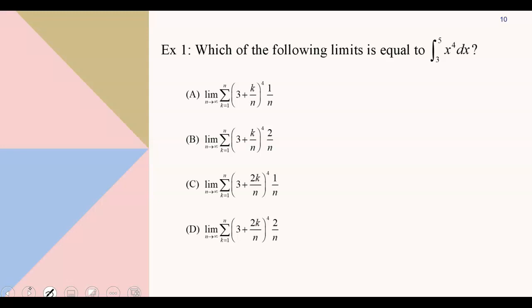Which of the following limits is equal? So I pulled this right off an AP exam. A is 3, B is 5. So b minus a must be 5 minus 3, which is 2. Now I'm looking at all of those potential options, and the outside delta x has to have a 2 in it.